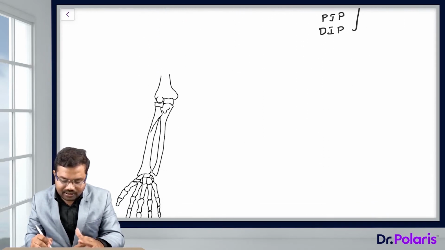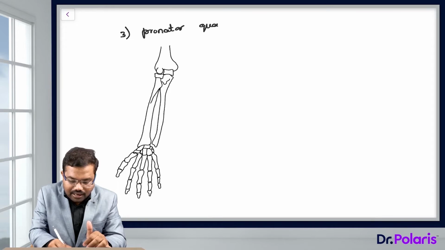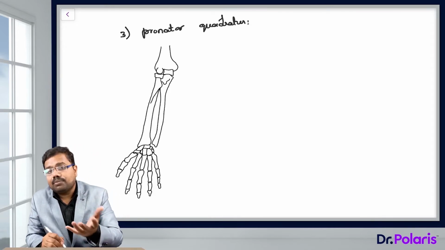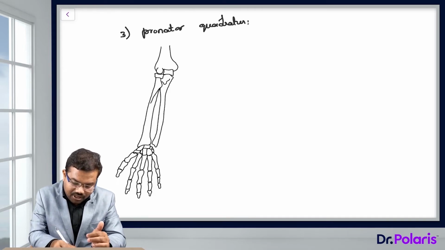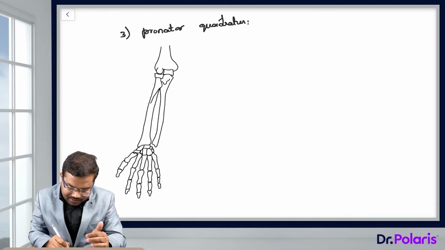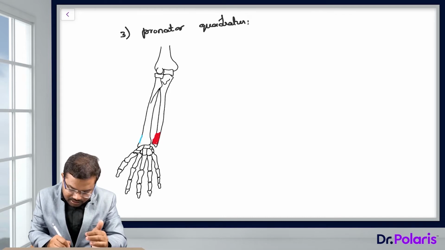And finally, the last deep muscle is called the pronator quadratus. As a quadrilateral shaped muscle, it is called quadratus, and it helps in pronation. So where is the origin, where is the insertion? The origin is the lower anterior surface of the ulna, and the insertion is the lower anterior surface of the radius.